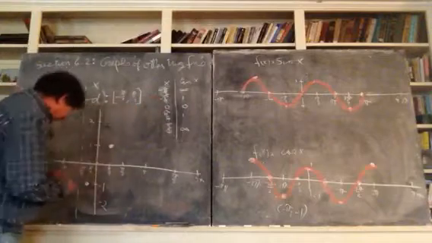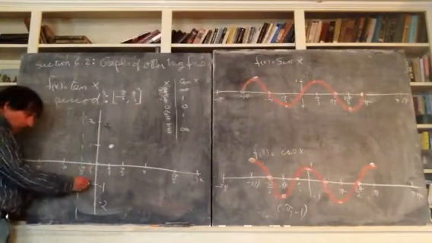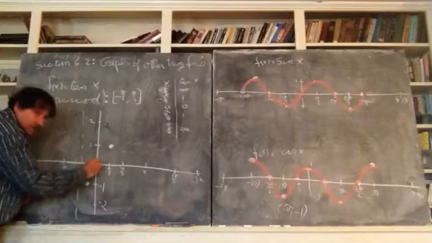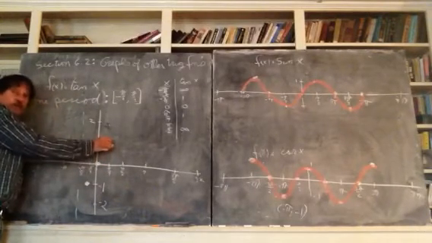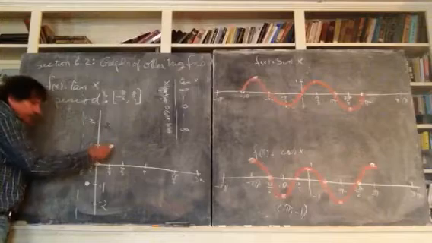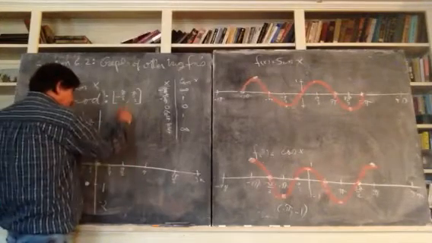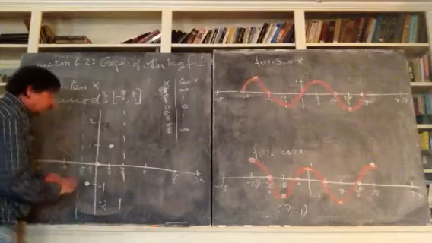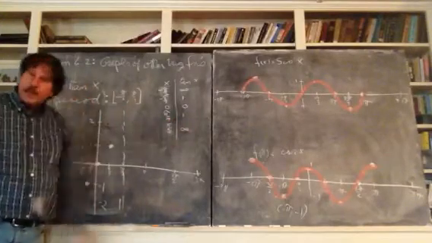And then at negative pi over 4, negative 1, I have that point already right there, on the tangent. This is pi over 4, 45 degrees. Tangent of 45 degrees is 1, so that's the point, pi over 4, 1. And then here at pi over 2, there's got to be another asymptote, because that's infinite.